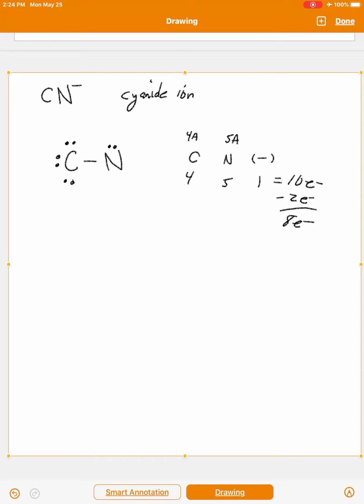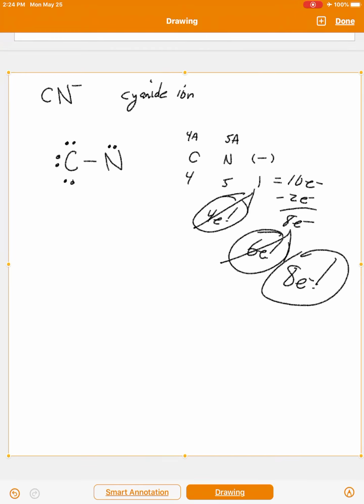It doesn't really matter. You'll get the same answer for this one. Okay, so now the carbon has 8, but the nitrogen only has 4. Remember, 4 electrons, no. 6 electrons, no. We don't want that. We want 8 electrons. So the nitrogen only has 4: 2 in the form of a bond and 2 in the form of a lone pair.